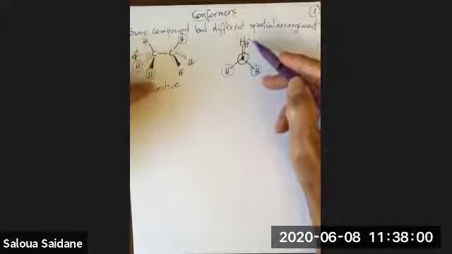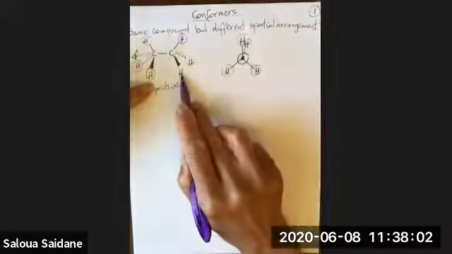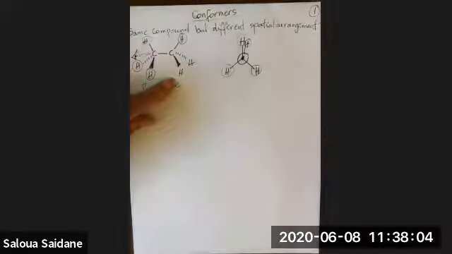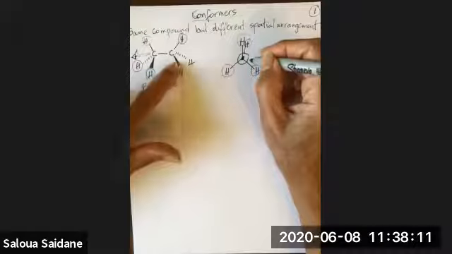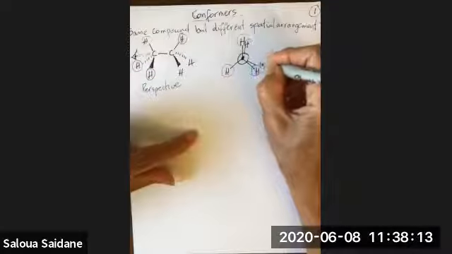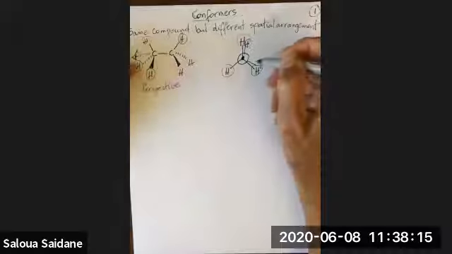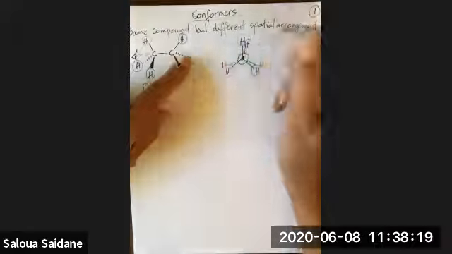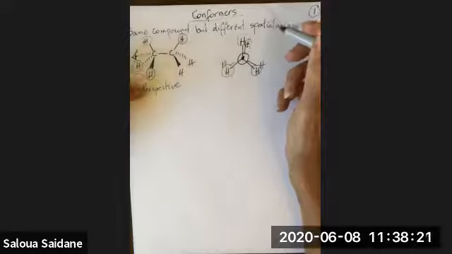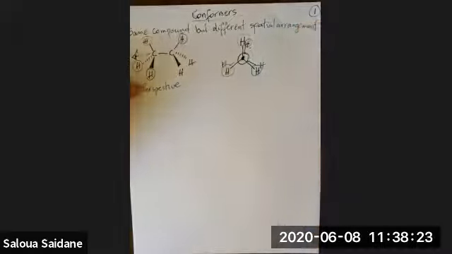Then behind the green, there's this one. I'm going to put it here. So the ones on the wedges are both behind each other. And then the pink here is behind this one. So this representation is called perspective.